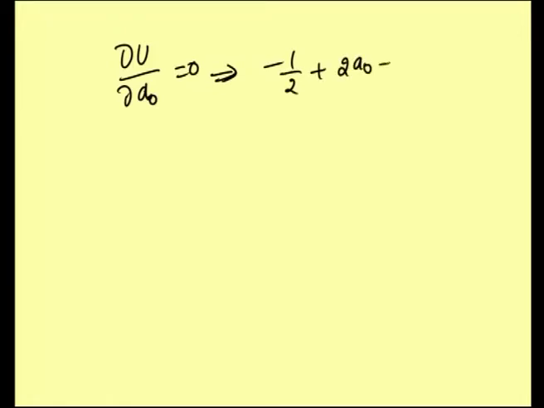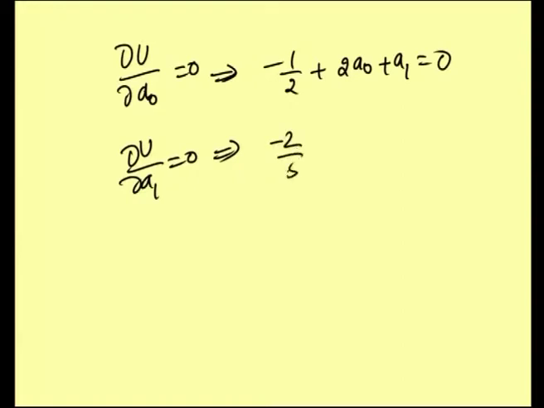So, ∂u/∂a0 equal to 0 implies minus 1 by 2 plus 2 a0 plus a1 is equal to 0, and ∂u/∂a1 equal to 0 gives you minus 2 by 5 plus a0 plus 2 by 3 a1 is equal to 0.